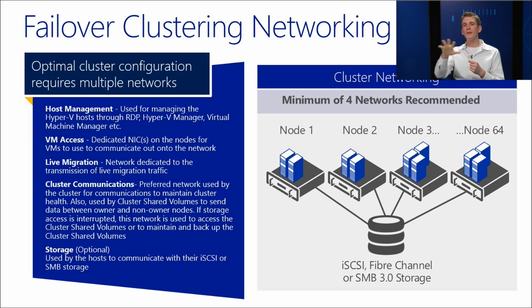Remember, the heartbeats are the health checks that we're regularly sending out. What happens if we try to send a heartbeat through a live migration network that's fully saturated with traffic? Well, that heartbeat's not going to go through, and that could trigger a false failover. So this is why we're trying to separate this kind of burst traffic for live migration from our infrastructure traffic to manage the cluster network.